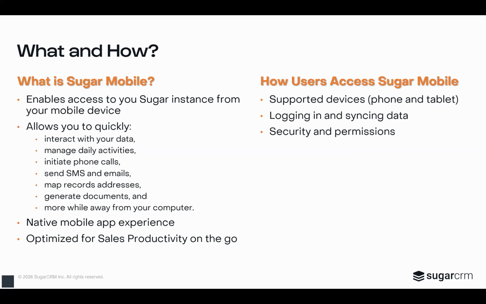It also is a way to log in and sync your data, right? So if you happen to be offline when you're using it, next time you come back online, it will sync that information back to Sugar. And it has the same security and permissions that your desktop version, or the browser version, has, meaning that if you're not allowed to see a particular module in the browser version, then you're not able to see that information in your app either, right?